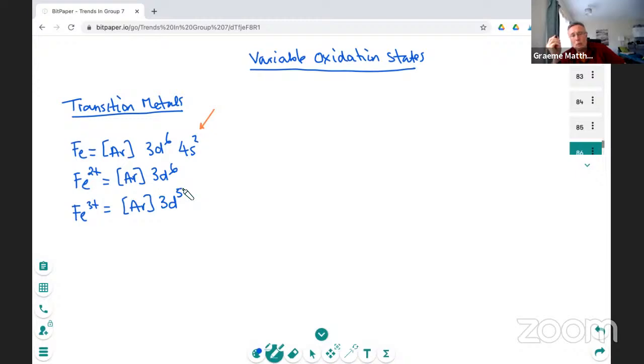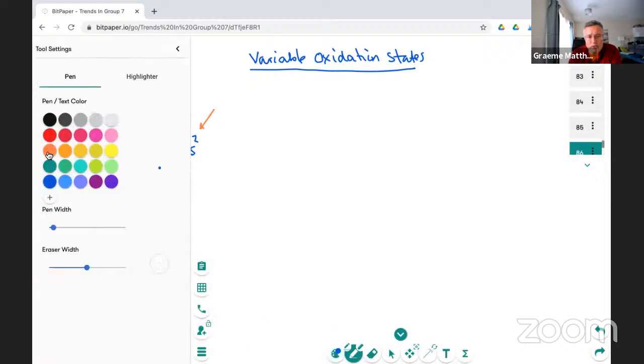Answer, no. Why not? Even though theoretically I could, the problem is that the 3d subshell being half filled is actually stable. So we've got this one, and I'll do one more because I do want to move on and show you how to determine oxidation states.